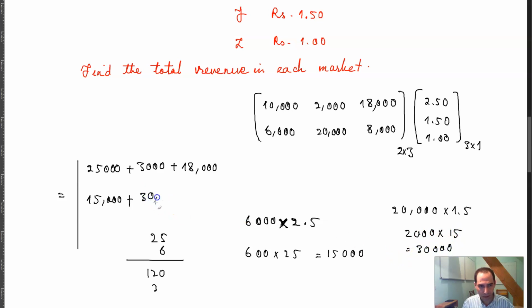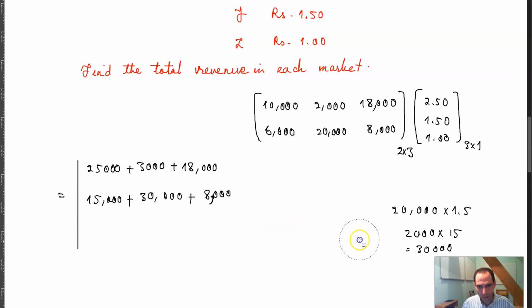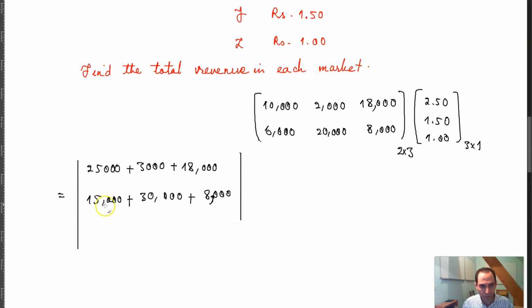So that's 30,000. And you have 8,000 times 1, which is equal to 8,000. Right? So that is basically the calculation that we need.